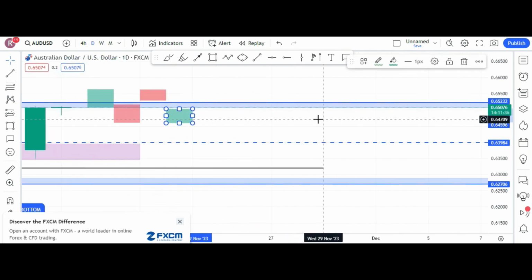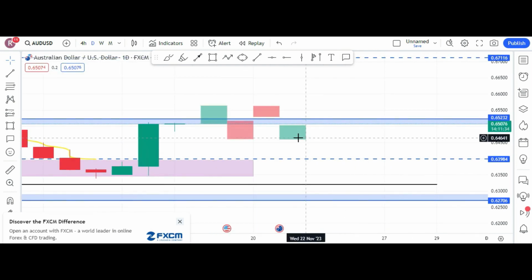Let me enlarge the drawing area, otherwise it is getting very difficult. Again we have a green candle here, and this green candle fails to break this resistance. It is called CRB, current resistance break. So these are the two options we have.